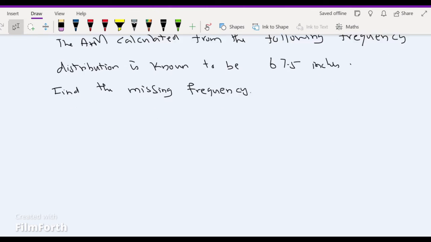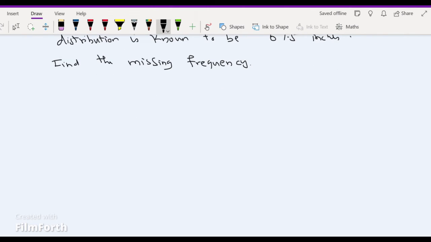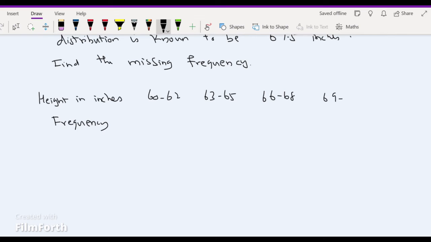The data given: height in inches, frequency. 60 to 62, 63 to 65, 66 to 68, 69 to 71, 72 to 74.